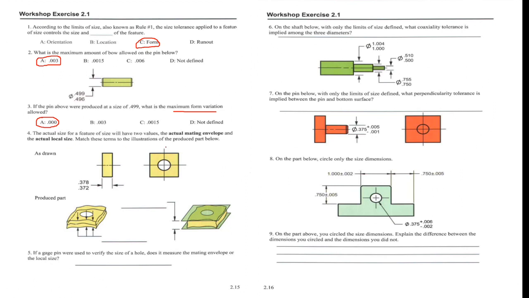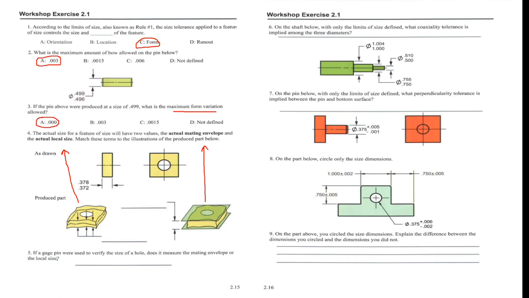And here we have to identify the actual mating envelope and actual local size. The actual mating envelope is a plane that touches the highest point of a machined part or non-machined part. So here this side, this one is the actual mating envelope, and this side is the actual local size, and the plane that touches the highest point is the actual mating envelope.